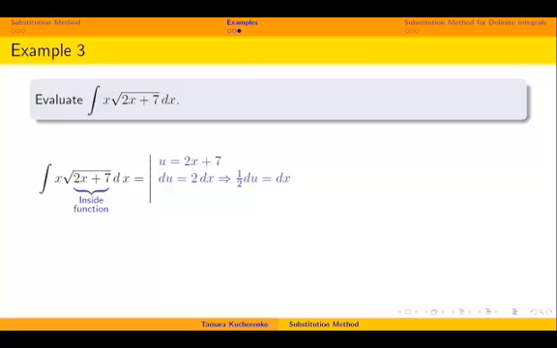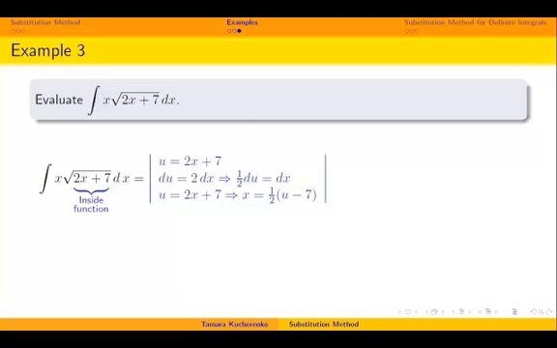However, there is an extra factor of x in the integral. Remember, we must put everything in terms of the new variable u. To take care of an extra x, we solve the equation u equals 2x plus 7 for x and get x equals 1/2 times (u minus 7).